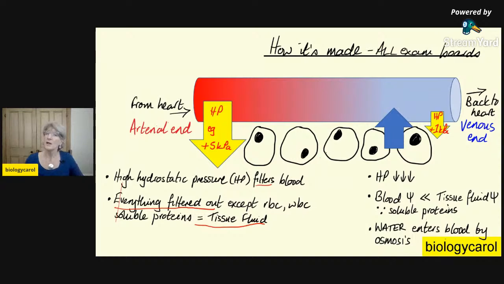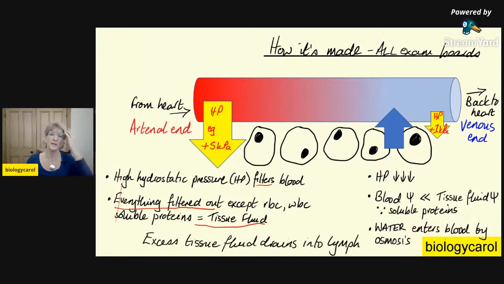And equally, carbon dioxide would be diffusing through the tissue fluid back into the blood by diffusion because of the concentration gradient. So back to water entering here by osmosis. OCR and Edexcel B guys, I now want you to hold on to the thought that water is being pulled back in.